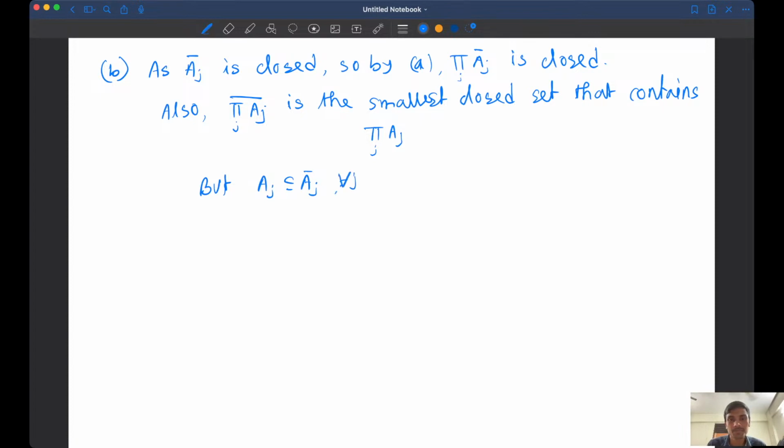So this implies that the product of aj is also contained in the product of aj closure. Being the smallest, the closure has to be contained in this set. So this implies the closure of the product is contained in the product of closures. Clear till this one? It is fine, right? We just followed the definition and used part 1.